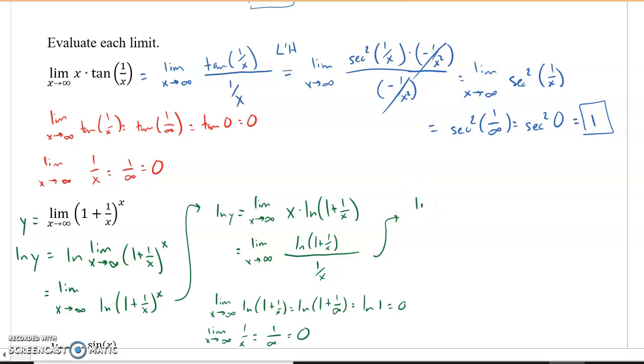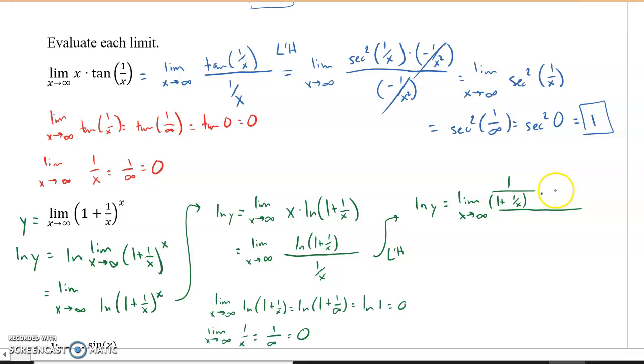L'Hopital. We're going to take the natural log of y equals the limit as x approaches infinity of not the original problem, but the derivative of the top and the bottom. That's our L'Hopital. So, derivative of the natural log of stuff is 1 over the stuff, because the argument never changes. But don't forget the chain rule. We'll take the derivative of stuff.